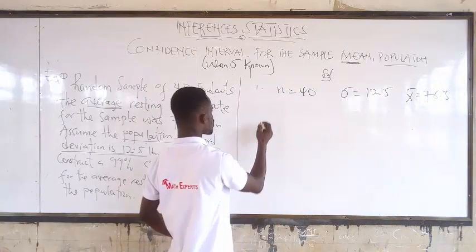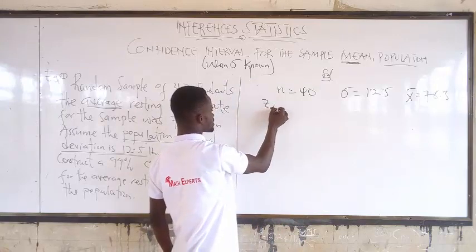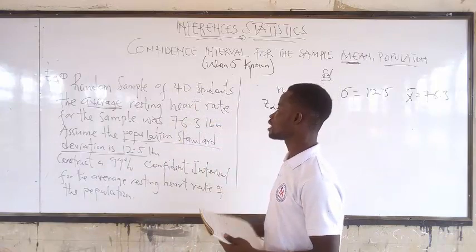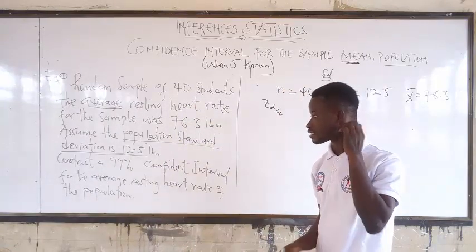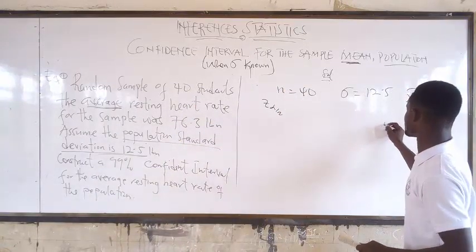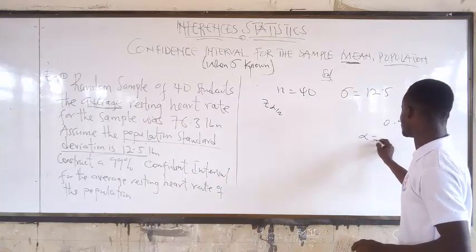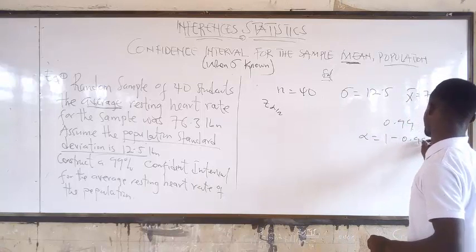Alright, let's go for our Z alpha over 2. And here we know that our alpha is going to be what? This one is 0.99, right? So alpha is going to be 1 minus 0.99.